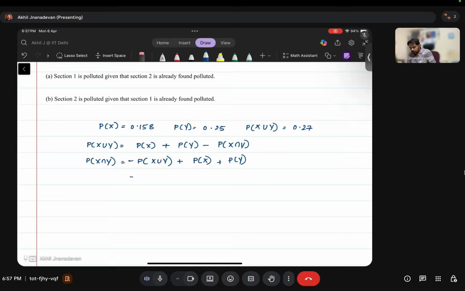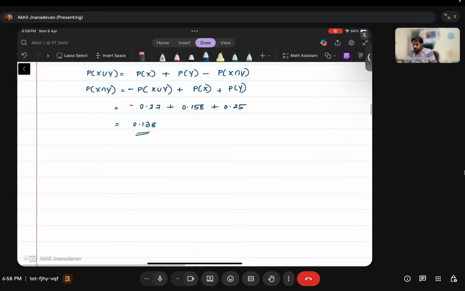So minus 0.27 plus 0.158 plus 0.25. When you solve, you'll be getting 0.138. So we got P of X intersection Y, both X and Y polluted, given by 0.138. Okay, so now we can come to each case.